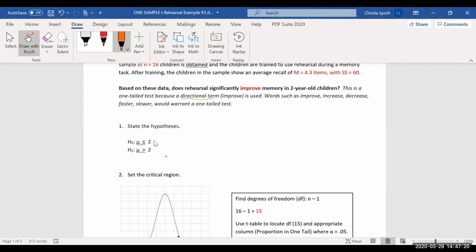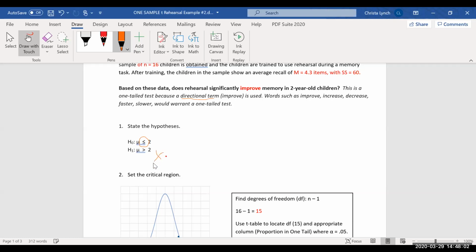Then all I need to do for the null hypothesis is use the opposite directional symbol and remember to use the equal to sign as well. So the null hypothesis is less than or equal to 2. What that means is that after the treatment, my sample mean actually comes out as less than 2, meaning it's going the opposite way, that rehearsal decreases memory, or there's no difference, that rehearsal does nothing. Okay, so this is what I want right here.